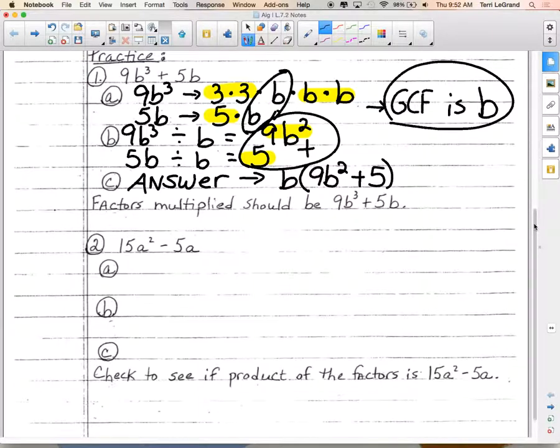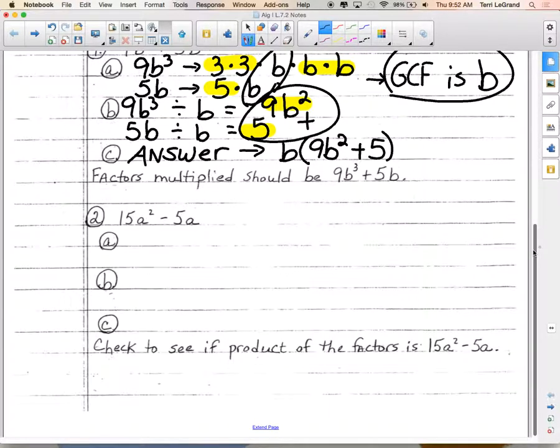So here's how you want to make sure that you have a good answer. You actually want to make sure that if you multiply this out, your factored name, this is just another name for the polynomial we started with, it should get you back to what we started with. If we actually multiplied our factored name back out, it had better get us back to where we started from.